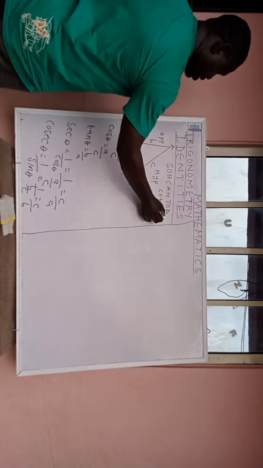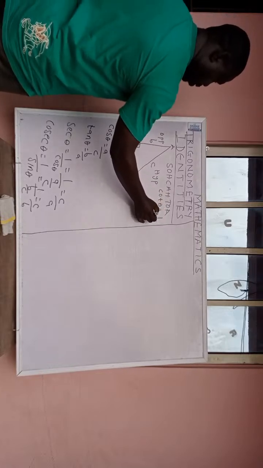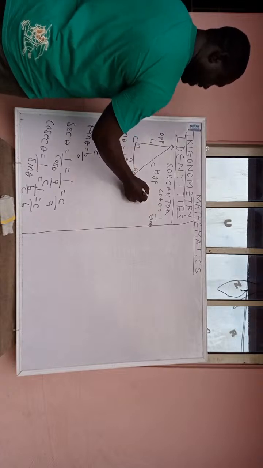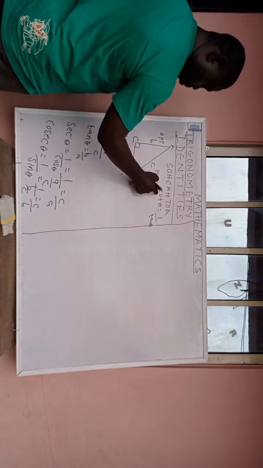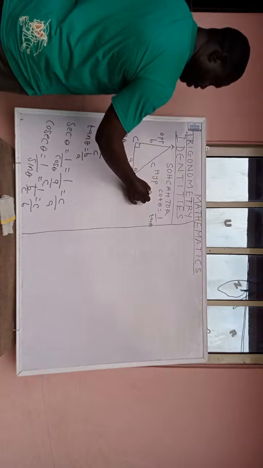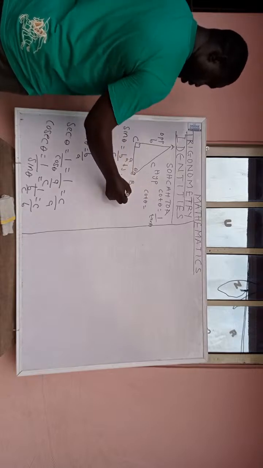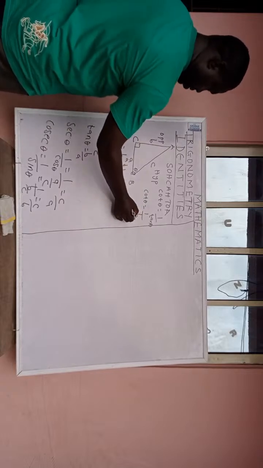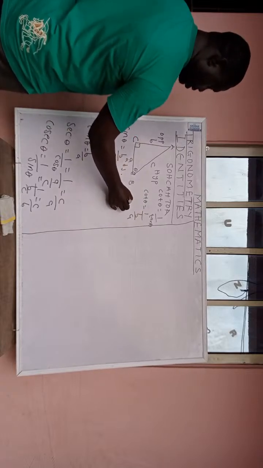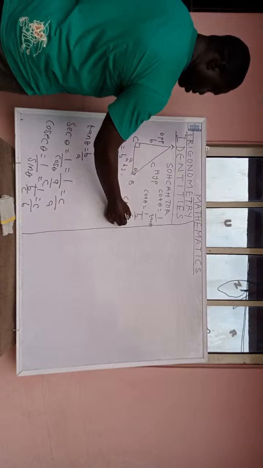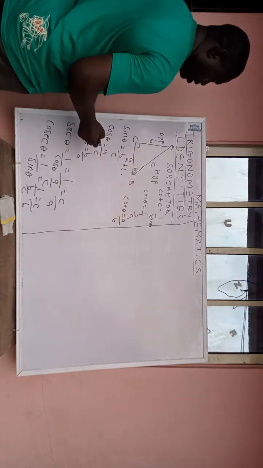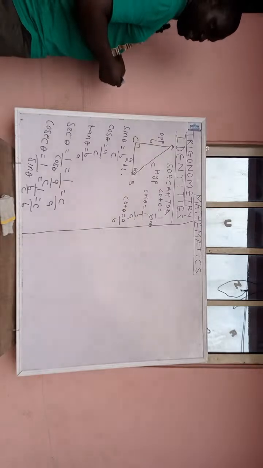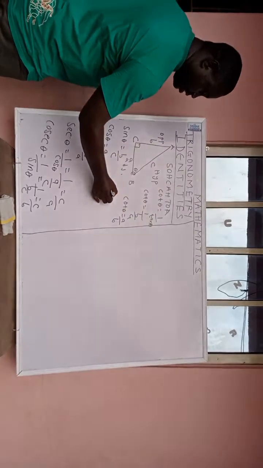Cot is 1 over tan theta. Tan theta is B over A, so cot theta here is A over B.